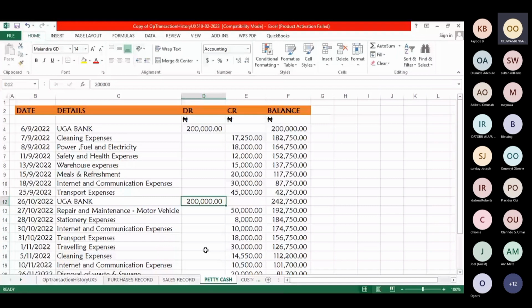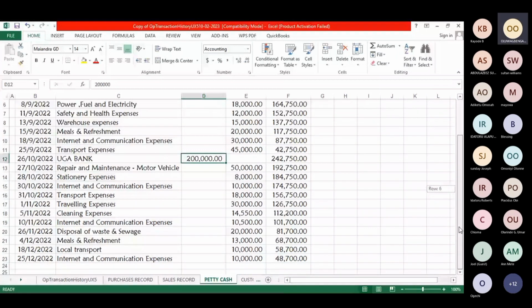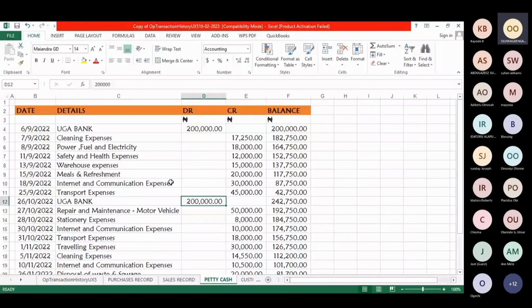That means all these things here that we have on the debit side, 200,000 is actually an inflow to the petty cash and an outflow from the bank. So the summary of it all is that it is coming from the bank, and you have to do an analysis of all the expenses under it.